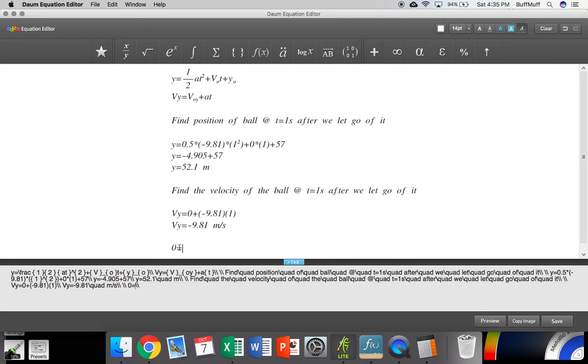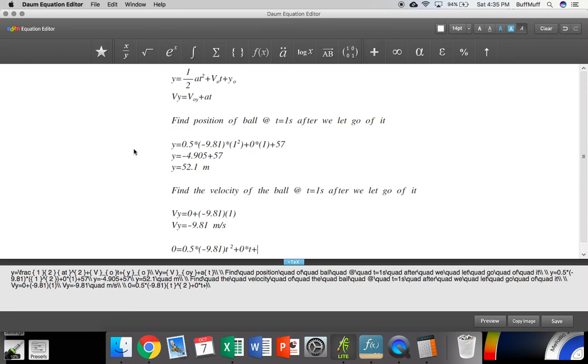Okay, so 0 equals 0.5 times negative 9.81 times time squared, plus my initial velocity, which is 0, times the time, plus my initial position.